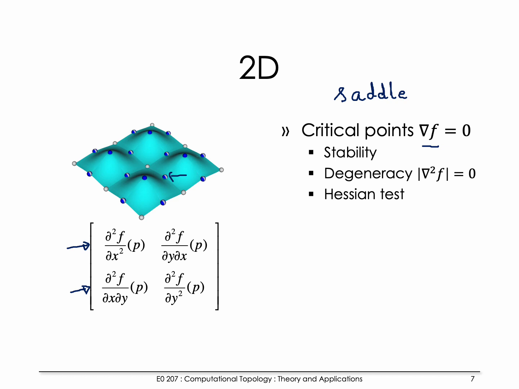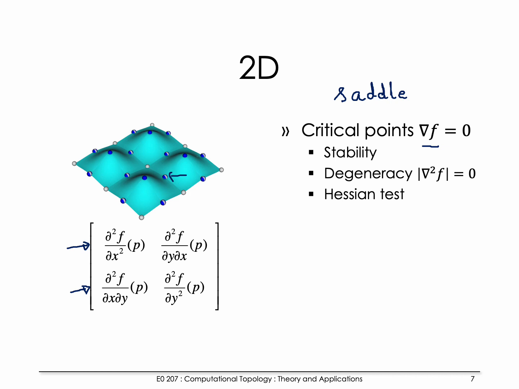We want the Hessian to be non-singular, namely its determinant should be non-zero. In this case, we will be able to further classify the critical points. If the Hessian is 0, then this corresponds to the degenerate case.